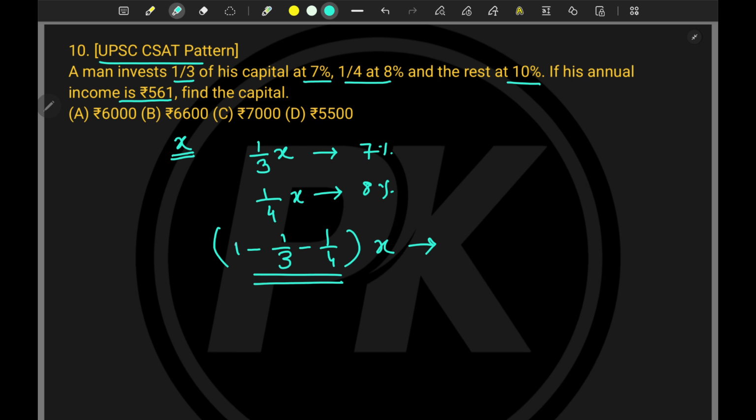The remaining capital: 1 is the total capital, 1/3 already invested, 1/4 already invested. So what is remaining is invested at 10%.